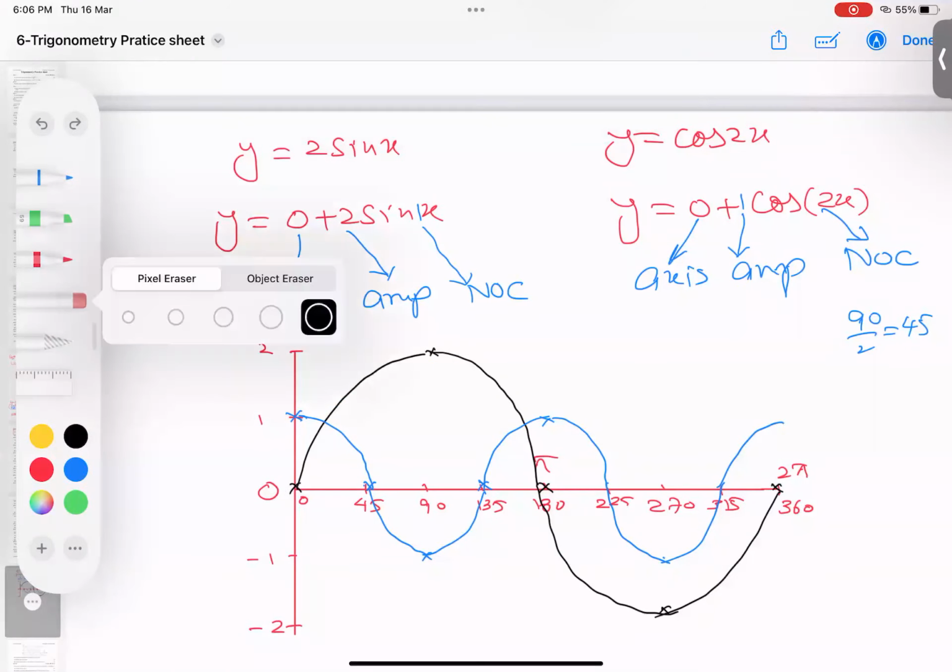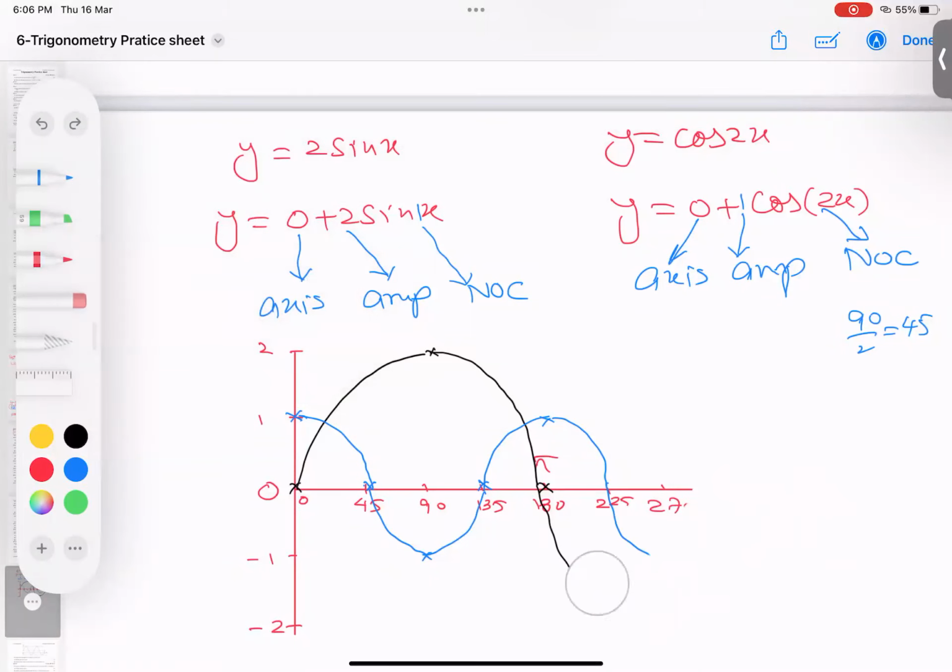So what I will do is take an eraser and erase all of this, and stop only here. I hope you got the idea very clearly. So we have to stop here at pi, or 180 degrees. So this is the final sketch. This much you have to show the examiner, and in the exam you will do it with a pencil and then erase it.